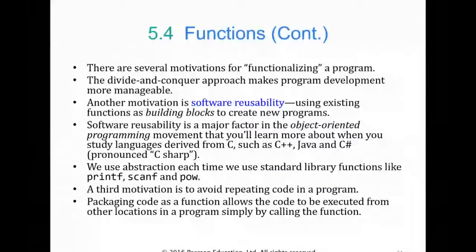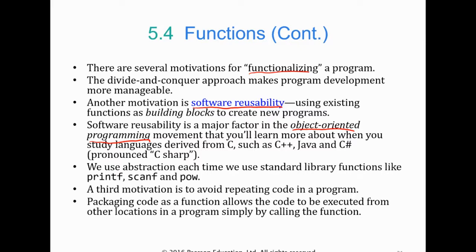So, several motivations, I've discussed these. Reusability is a main advantage of this. If your program is written in terms of functions, it's actually very easy for other people to modify it. Reusability is also a major factor in object-oriented programming languages, which you will study later on.